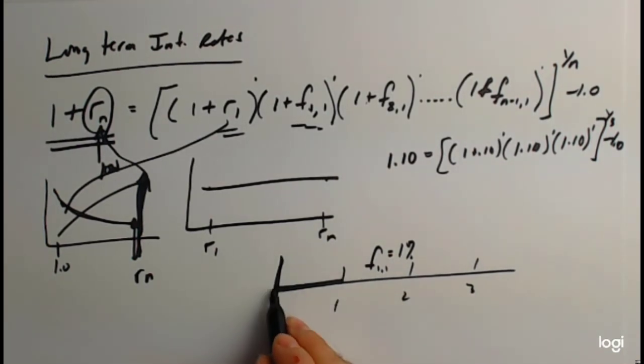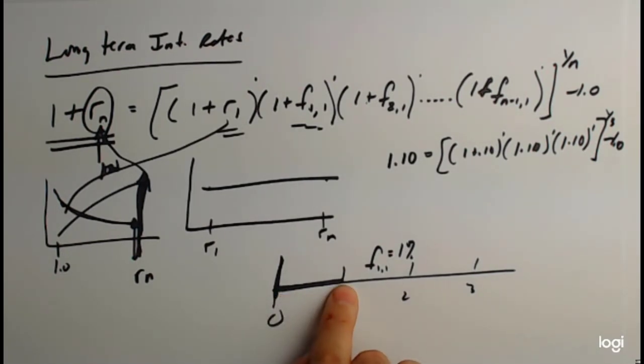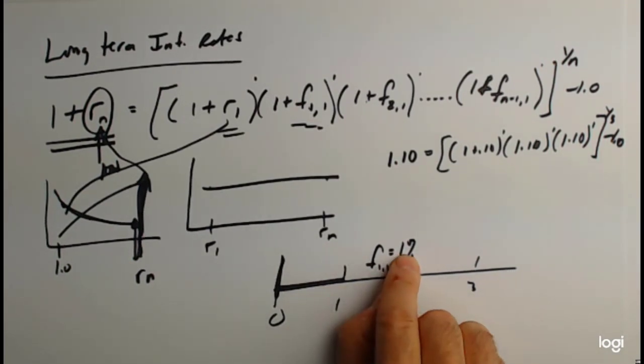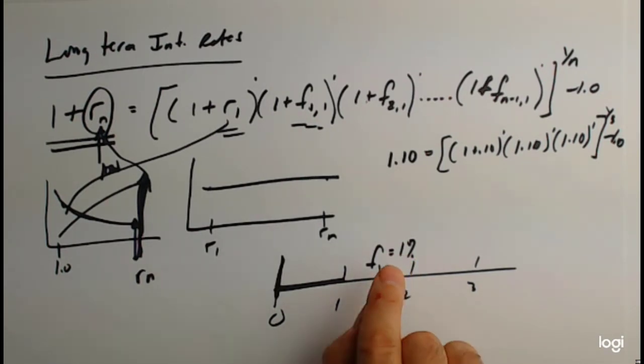Well, we expected 1% here, but remember the random walk hypothesis basically says, look, anything can happen between now and 1 year from now. And if that's the case, interest rates could be higher or lower, and just by chance, they could be 1% in the future. So the point is, this is an expectation. Our expectations are often wrong.